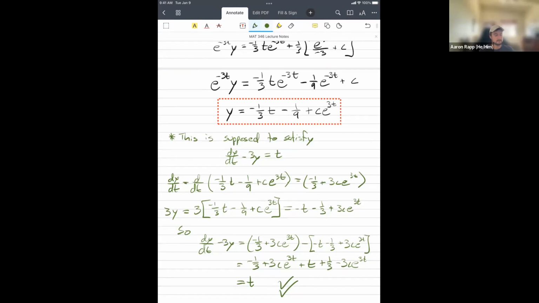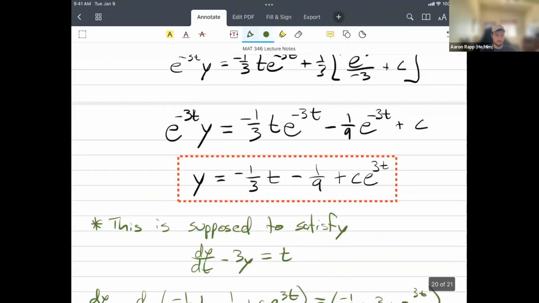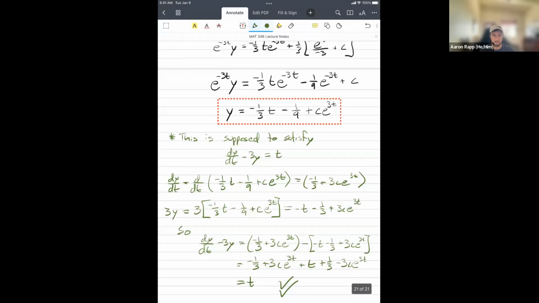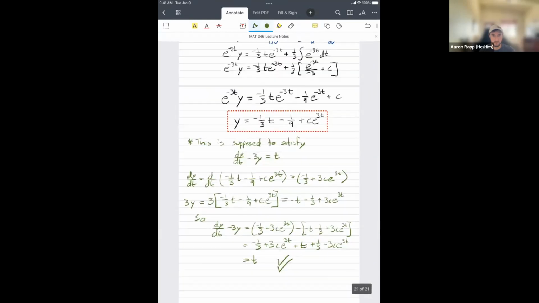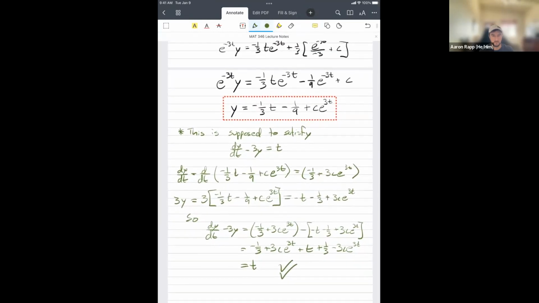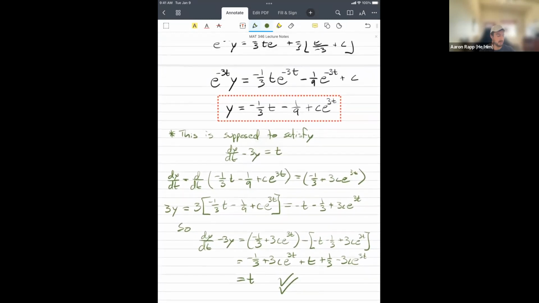Gotcha, gotcha. Whoops, sorry. My screen accidentally rotated.